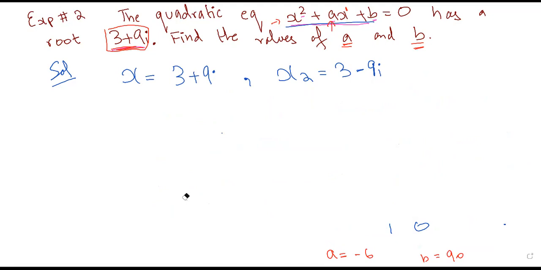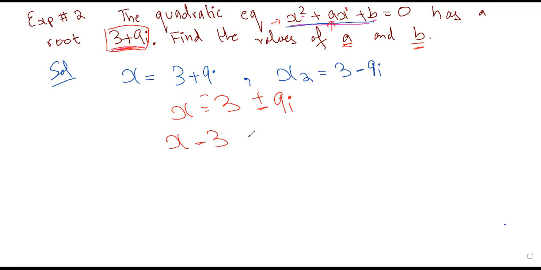Now when we got these two roots, we can write it as a combined root that x would be 3 plus minus 9 iota, right? And now I can just try making this x minus 3. I have taken 3 to the other side, and this is plus minus 9 iota. Now I have squared both sides just to get rid of this iota.